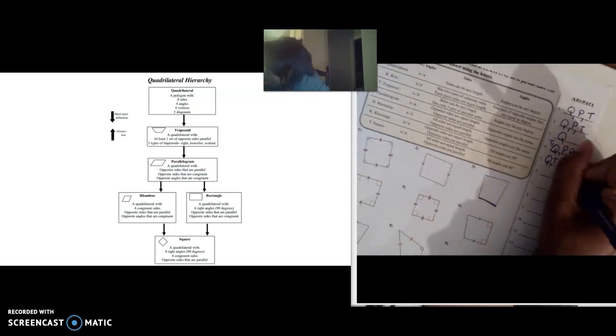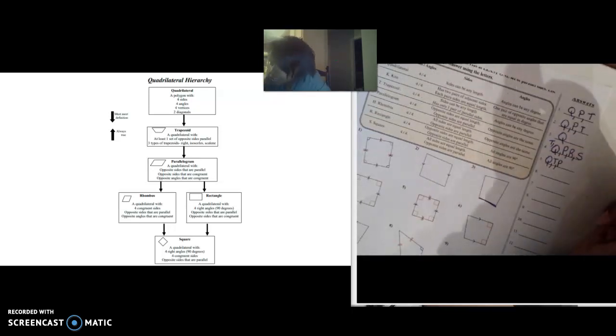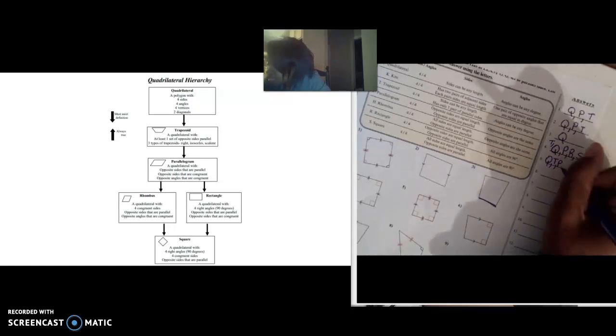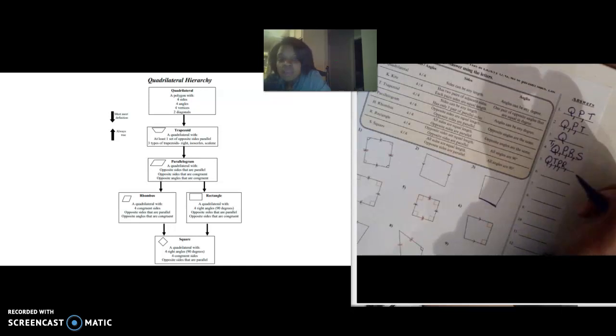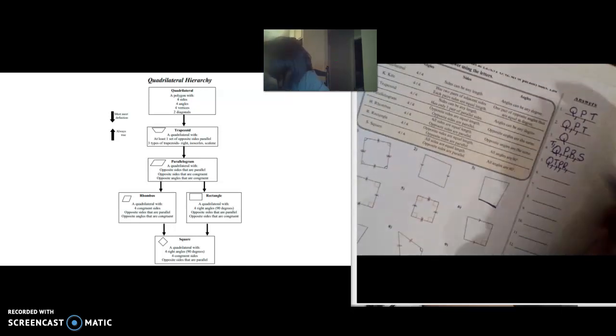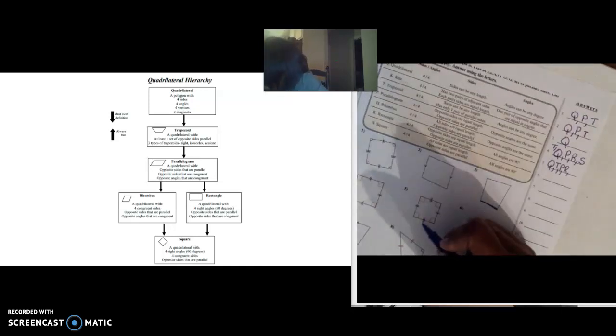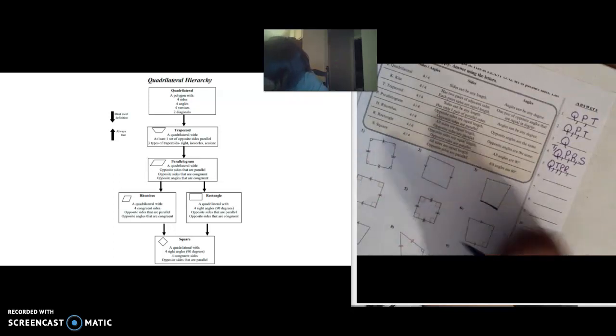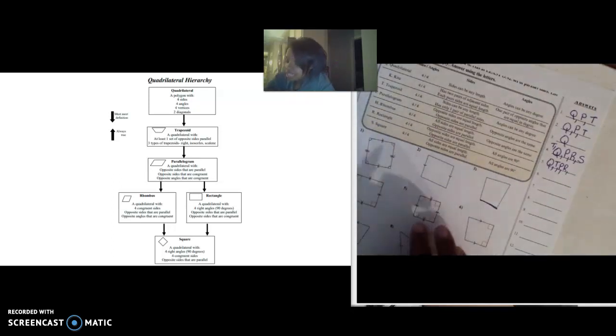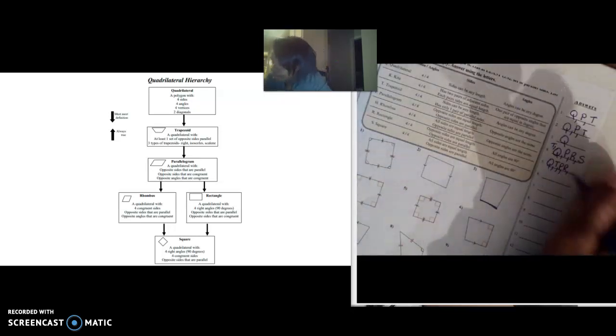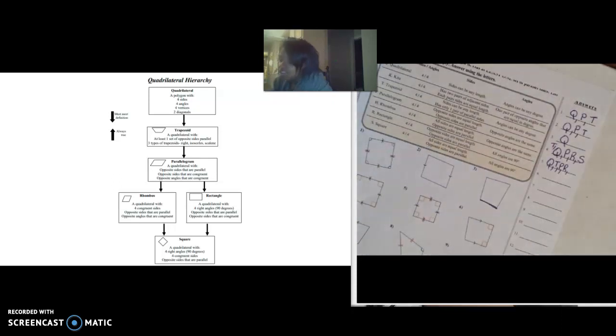It's a parallelogram because it has 2 sets of parallel sides. It is also a rectangle because it has 4 right angles. Based off of the tick marks, with this one having 2 on this side and 1 on that side, that means that these sides are congruent, but these sides are different, but they are congruent to each other. So that makes it a rectangle. It is not a square.